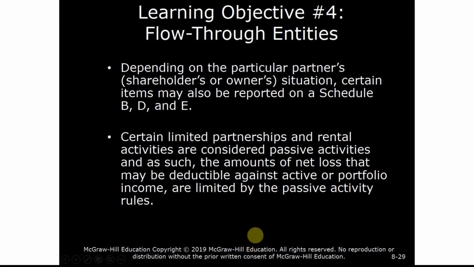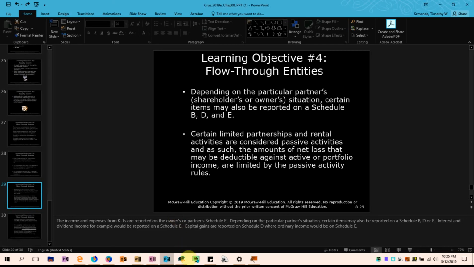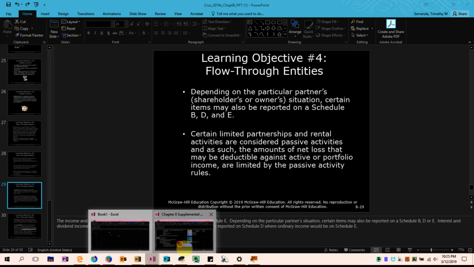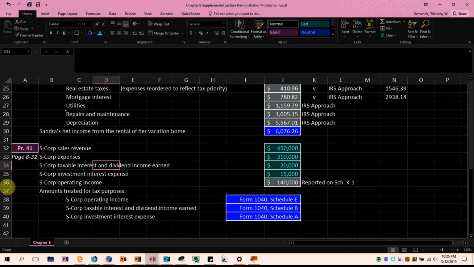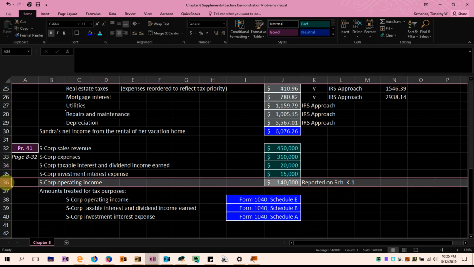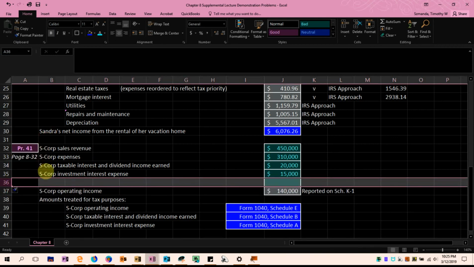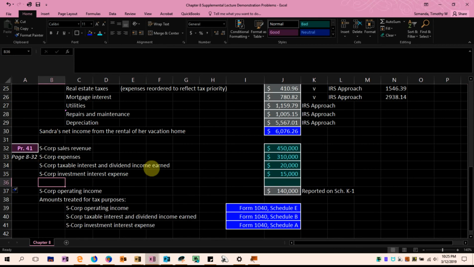And I went through an example. I didn't talk about Schedule D, but capital gains and losses would be reported on Schedule D. So in our earlier example, had we had any capital gains and losses, I could insert here, for example, a long-term capital gain by the S corp of 20,000.